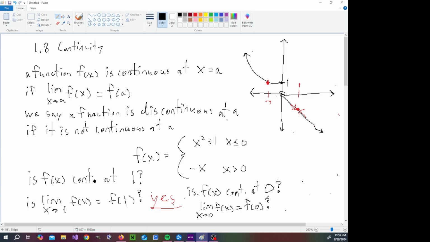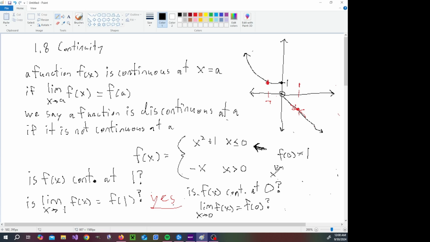Well, f of 0, because that relates to this portion of the function, I need to look at x squared plus 1. So f of 0 is actually going to be 1, right? I plug in 0, 0 squared is 0, so just plus 1.